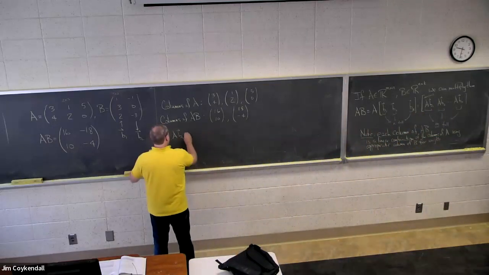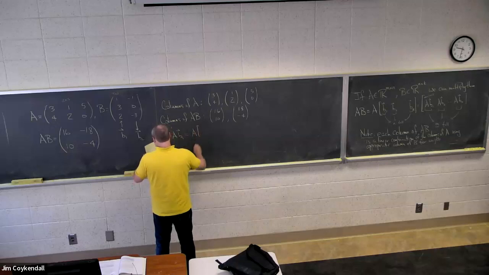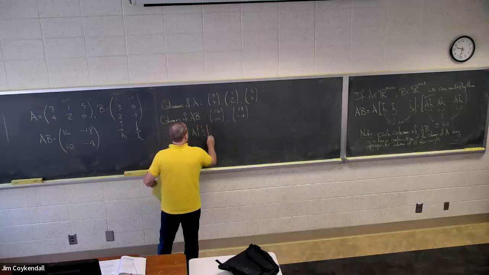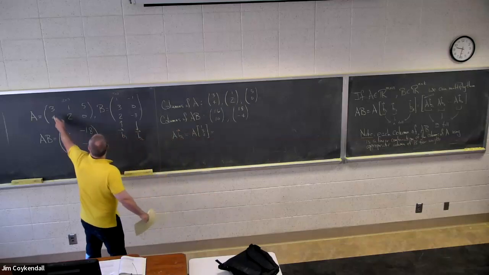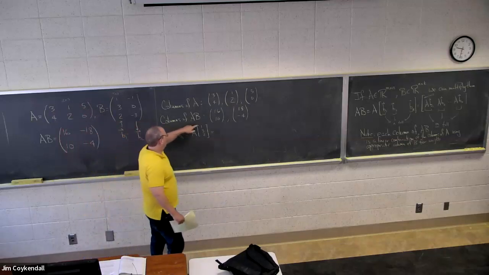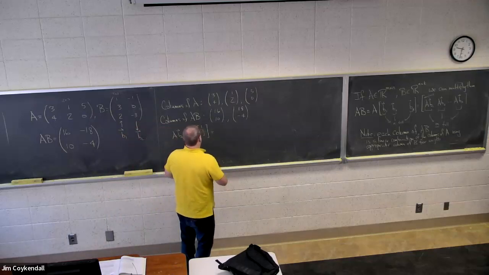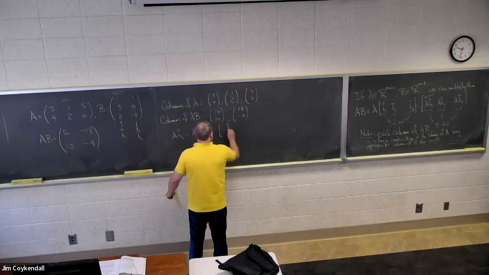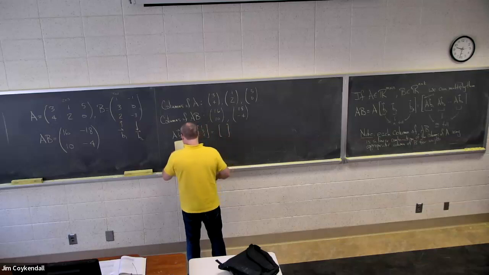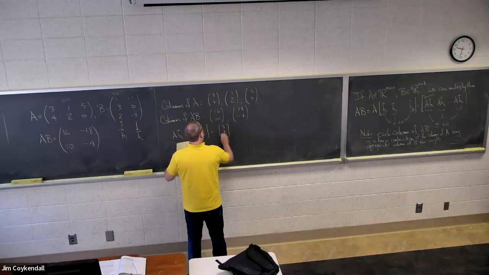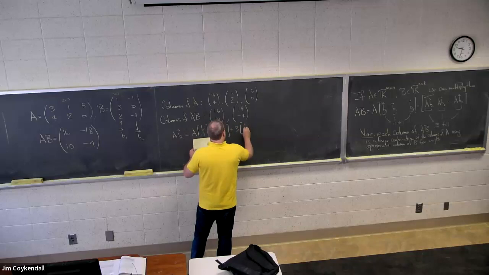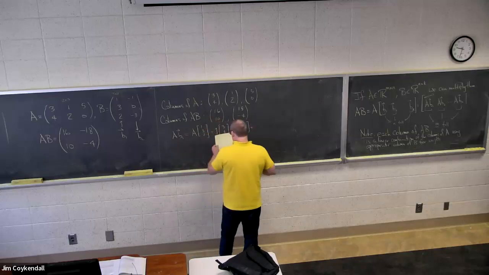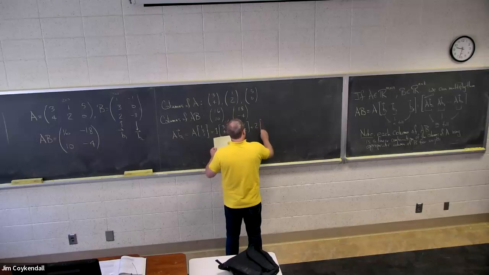This is A times the first column of B, which is 1, 3, 2. And if you multiply A by 1, 3, 2, well, what do we get? We get 1 times 3, 4, let me put a 1 there for emphasis, plus 3 times 1, 2, plus 2 times 5, 0.